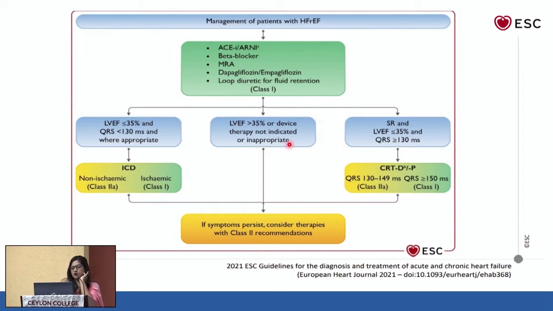If the patient has a left ventricular ejection fraction less than 30 to 35%, there are indications for ICD implantation, for non-ischemic as well as ischemic cases. I will be discussing this at the end of my presentation. And also there is a place for CRT therapy, especially if the patient is in sinus rhythm with a left ventricular ejection fraction less than 35% and the QRS duration is more than 130 milliseconds.